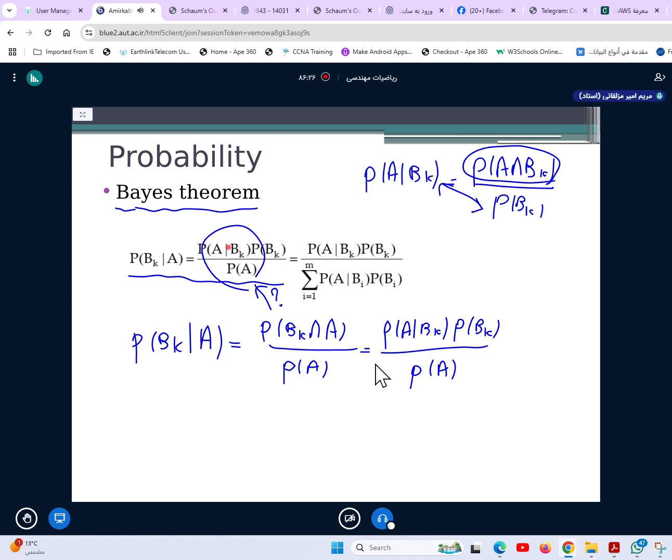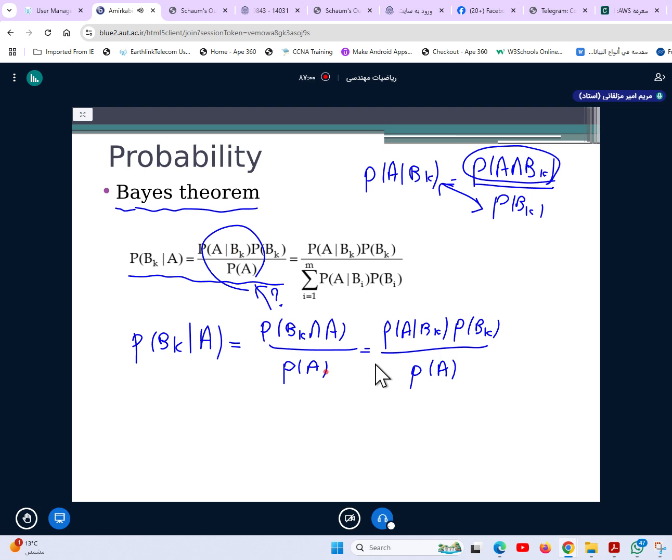In a conditional probability, when we want to switch the events A and beta, we should use Bayes' theorem. In other words, when we have the probability of A conditioned on beta, but we want the probability of beta conditioned on A, we use Bayes' theorem. We want to switch A and beta in this condition. Is it clear for you?